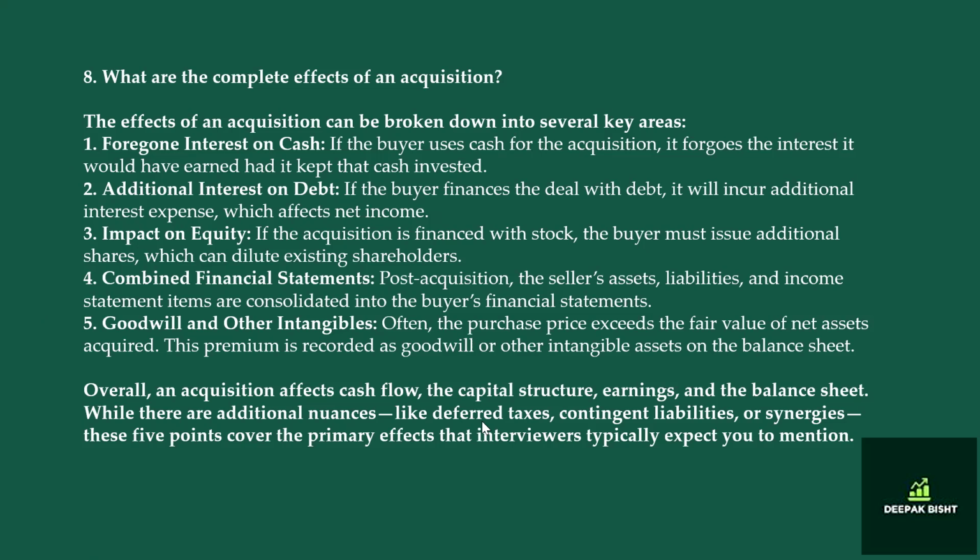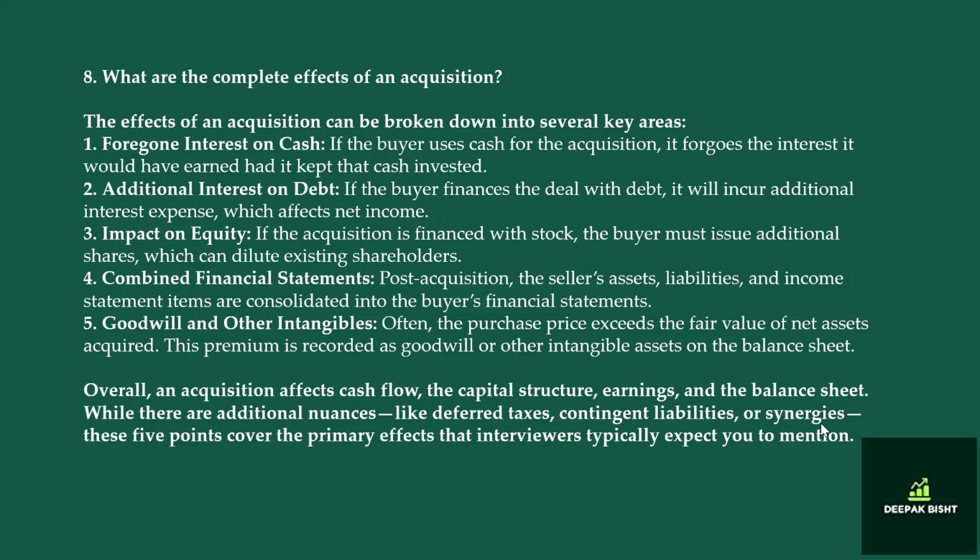So deferred tax assets arise from the difference between the book value and the tax value of the asset and may create deferred tax liabilities and assets. Synergies we have discussed. The synergies are actually cost savings or revenue growth from combining two companies and are expected but often uncertain.